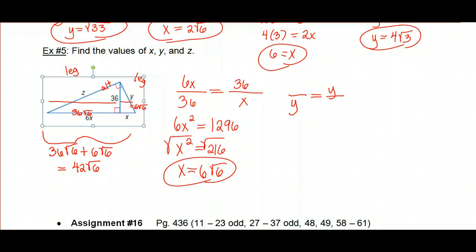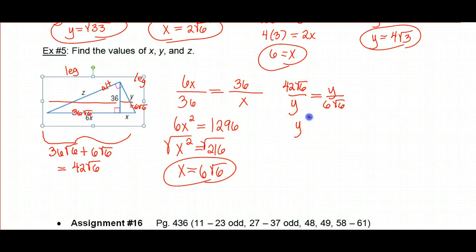They have to be the same. If this was root 6 and this one was root 3, we could not combine them. So it's like a variable? It's like a variable. All right, so now we have 42 root 6 because that's the entire hypotenuse. What segment of the hypotenuse is adjacent to y? It would be 6 root 6.